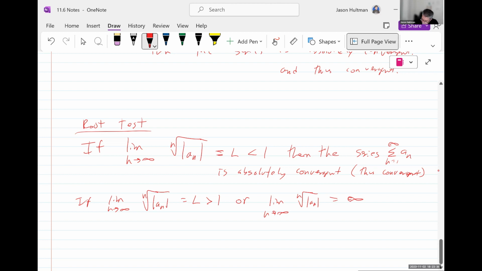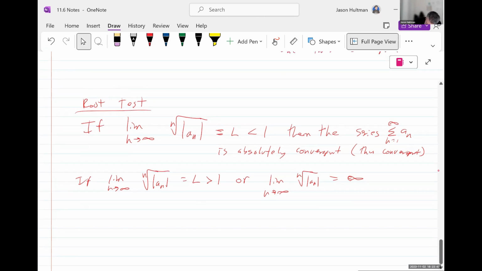Okay, so obviously infinity is bigger than 1. So if the limit does not exist or goes off to infinity, then the series a sub n is divergent.